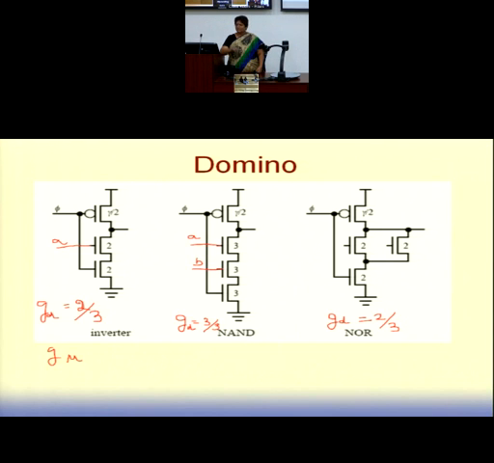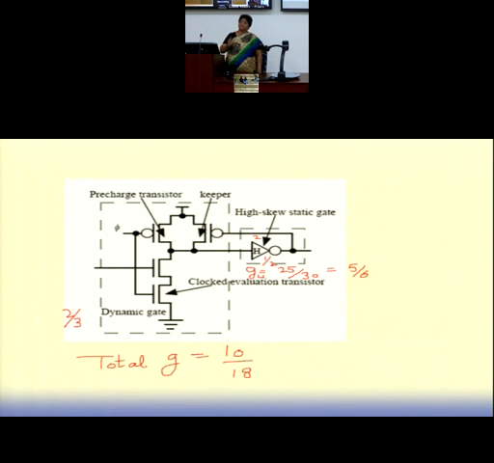Domino is also very easy to extend the principles of the static CMOS logical effort concept to. This is dynamic. Now I say I have a domino which is actually a combination of 2 gates: dynamic plus static, and static is an inverter. So I should look at my domino gate as a 2-stage gate.